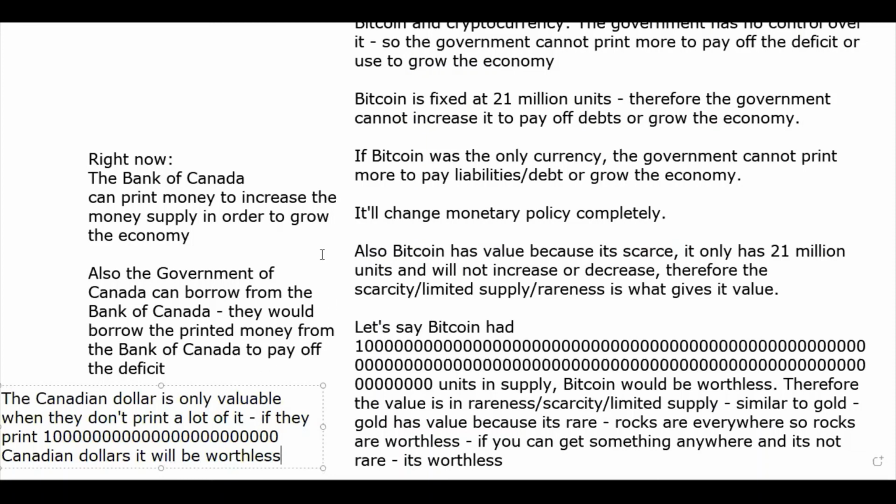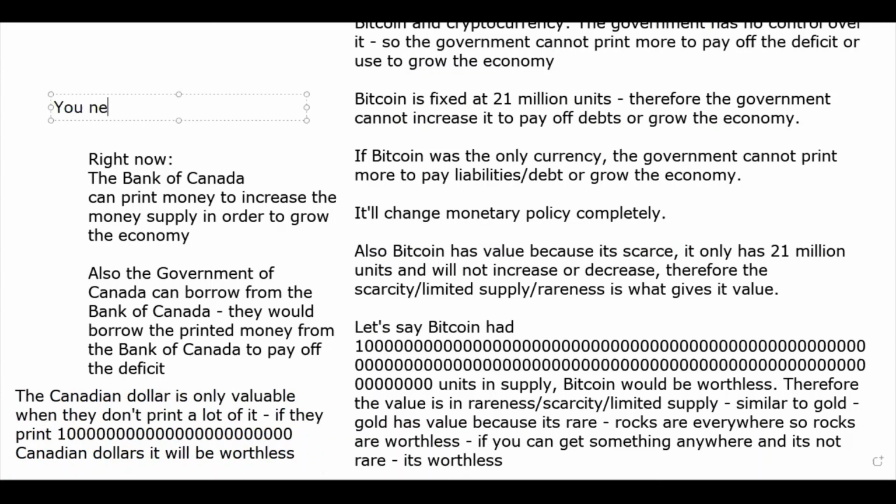So you need to keep the supply low to give it value. So that's basically it. This is going to change. Cryptocurrency is changing monetary policy completely.